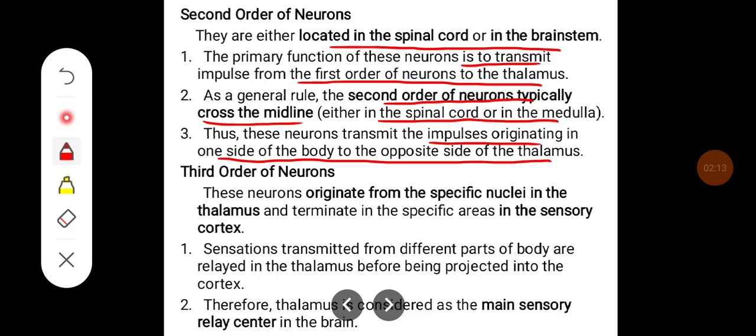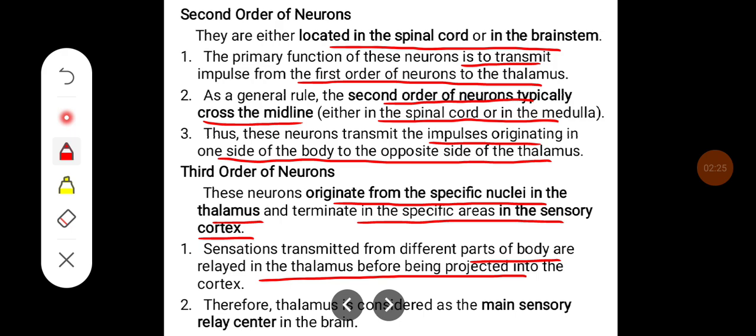Third order neurons originate from the specific nuclei in the thalamus and terminate in the specific areas in the sensory cortex. Sensations transmitted from different parts of the body are relayed in the thalamus before being projected to the cortex. Therefore, thalamus is considered as the main sensory relay center.